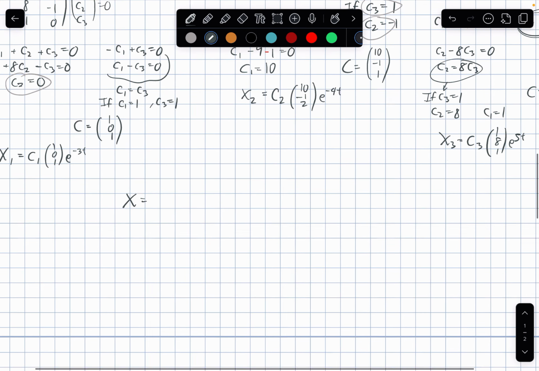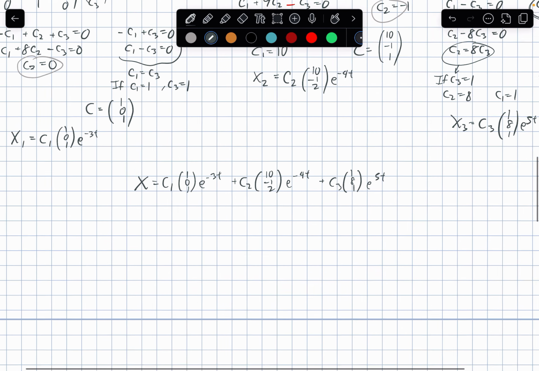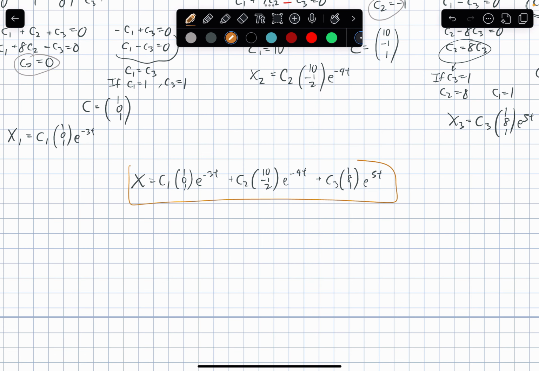So we just express our final answer as the general solution. That is x1 plus x2 plus x3.